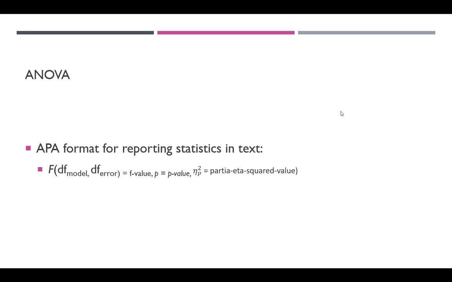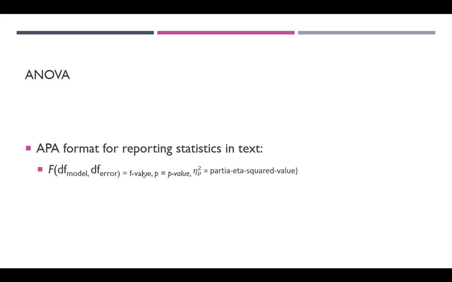But just to give you a sense of how you would report them, the standard format for ANOVA, for example, you would denote it by an F ratio, so the F. You would have the degrees of freedom from the model for the effect that you're interested in, and then you would look down the table into the column labelled error, and you would report the degrees of freedom for the error as well.